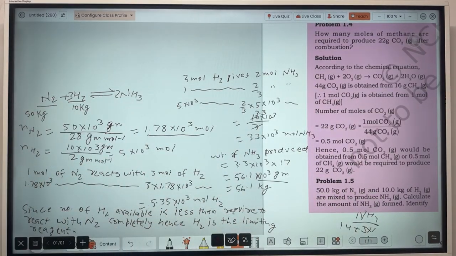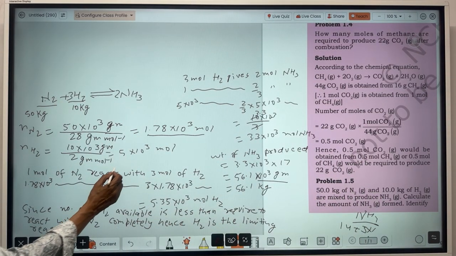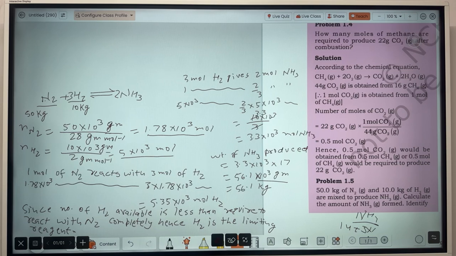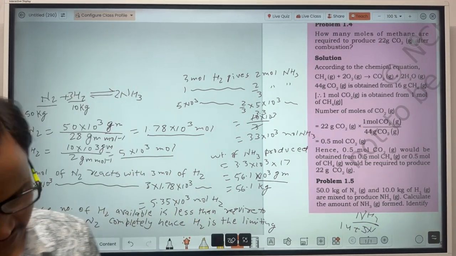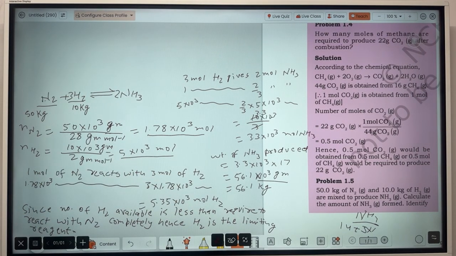So 5 into 10 power 3 mole of hydrogen will react with how much nitrogen? That you will have to find out. Firstly write that, and then I shall tell how much nitrogen will be unreacted there.